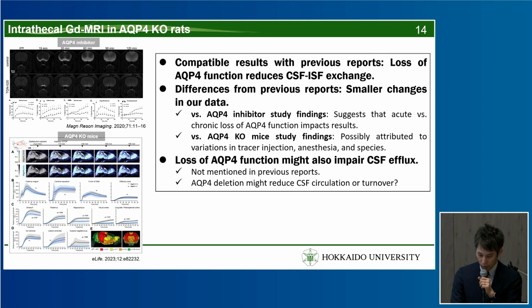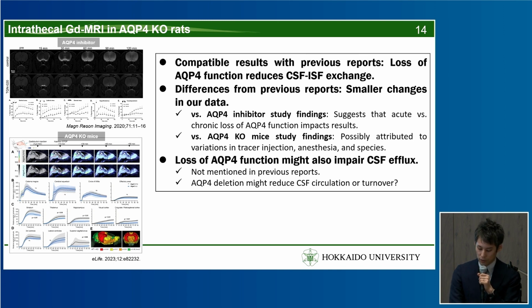These results are almost compatible with previous reports using AQP4 inhibitors or other species of knockout models. However, some differences were observed. For example, smaller changes in AQP4 deficiency relative to control were observed in our data compared to previous reports.